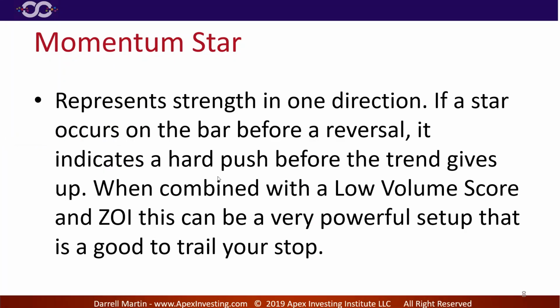All right, so that is our momentum star. Let's see, what do we got next on the list here? We got our paw print. Did y'all know that paw actually stands for something?